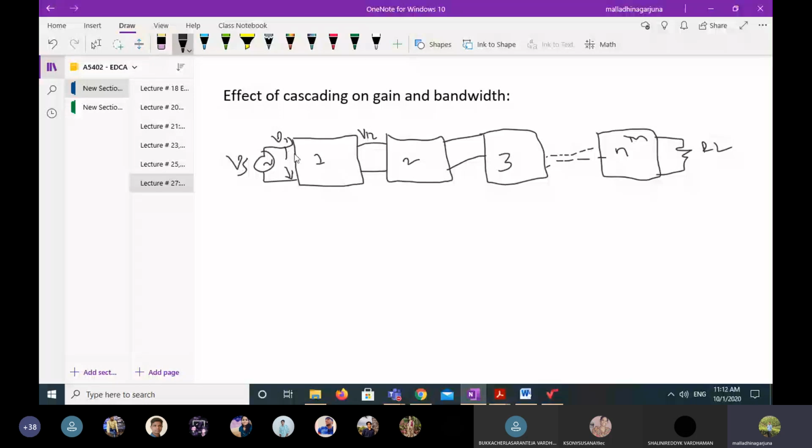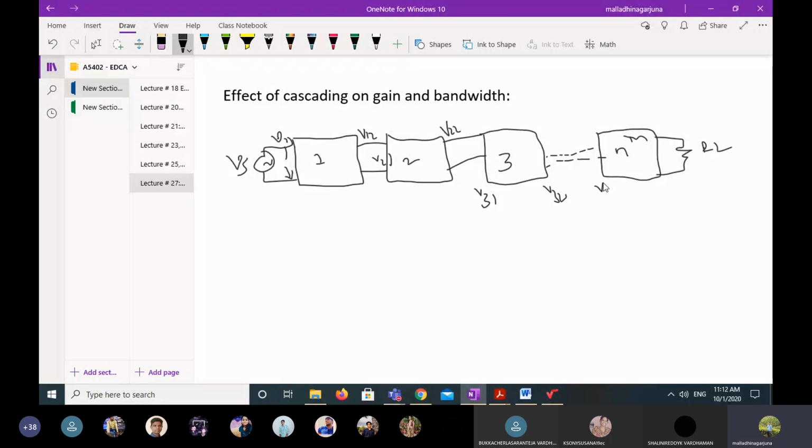Next, the second stage input is V21 and output is V22. The third stage input signal is V31, output signal is V32, and so on. And the nth stage input is Vn1 and output is Vn2. These are the voltages.